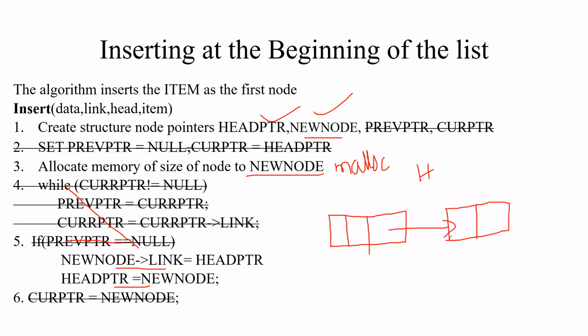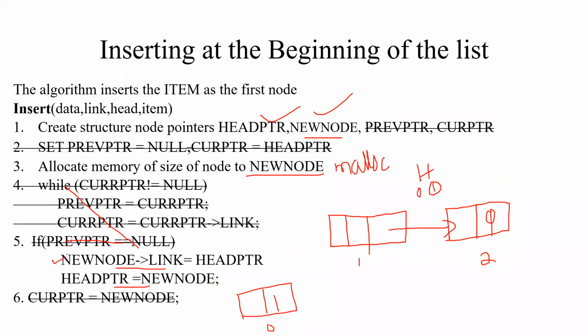I have a linked list like this, and this was the first node, this was the second node. I am going to insert a new node at the beginning. What will you do? Anyway, head pointer will be having the address of the first node, right? So in order to make the new node the first node, what all steps do you have to do? You will be copying the address which was there in the head pointer, which is the address of the current first node, into the new node's link. And then you will update the address of this new node into the head pointer, right? So this is the only step which we need.